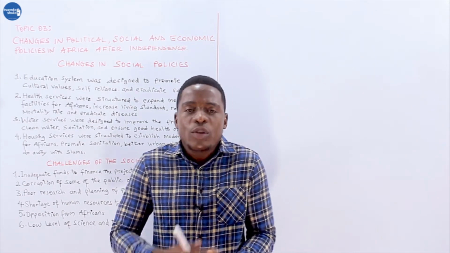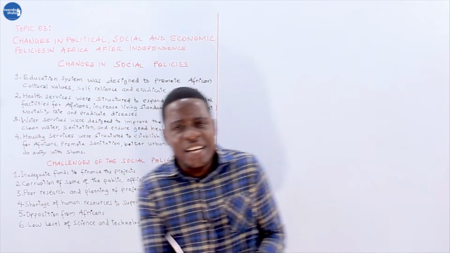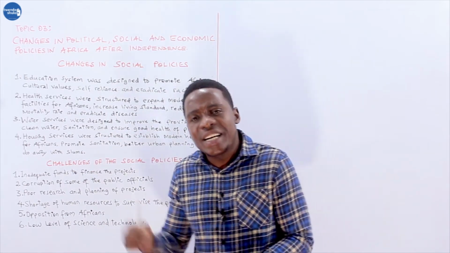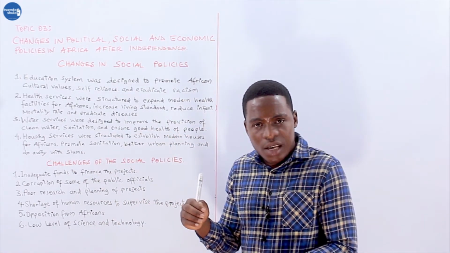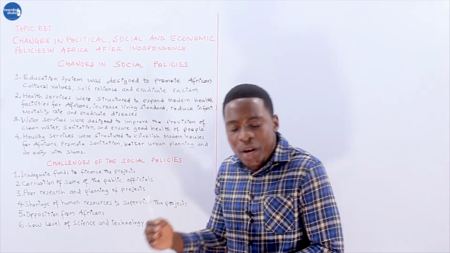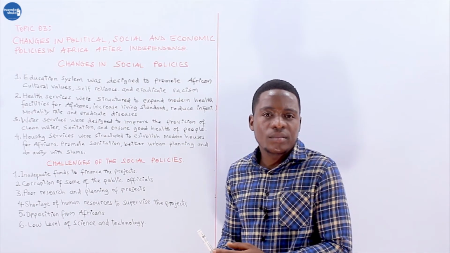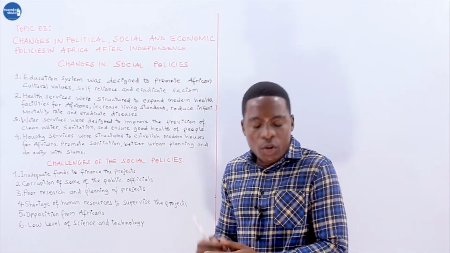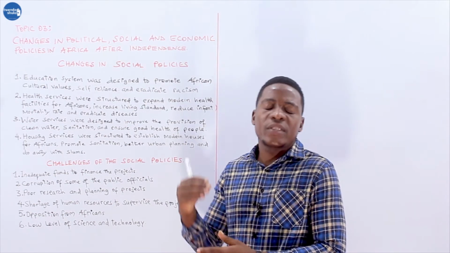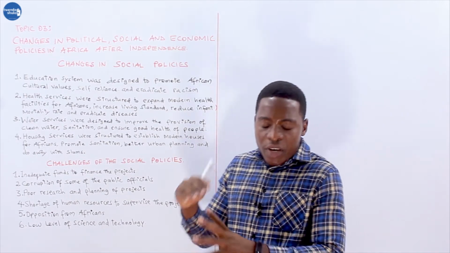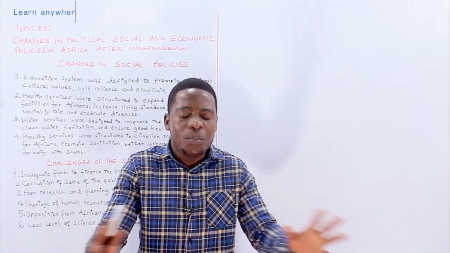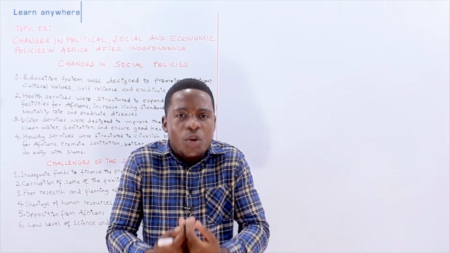So now we were to abolish racism, not only racism, even sexual segregation. At this time, even women had access to education. Not only sons of chiefs, even other common people had access to education.